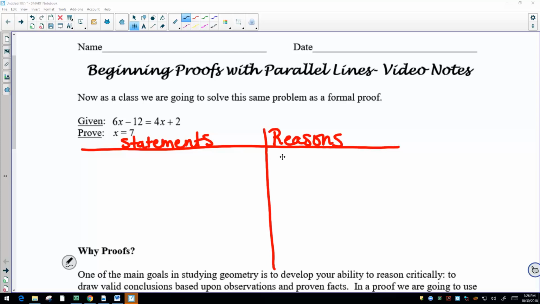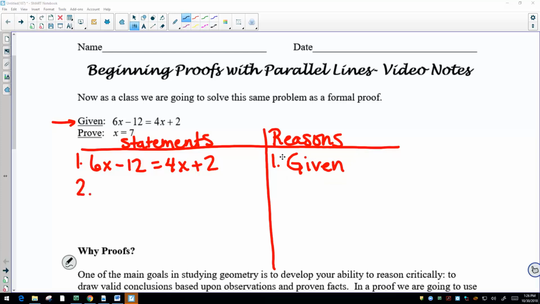Very first thing you do, and this is kind of the nice little easy way to get into a proof, is you always start your proof off with the given. So whatever they tell you is your given. In this case, 6x minus 12 equals 4x plus 2. You're going to have that as your statement, and the reason that we can say this, well, is it's given.